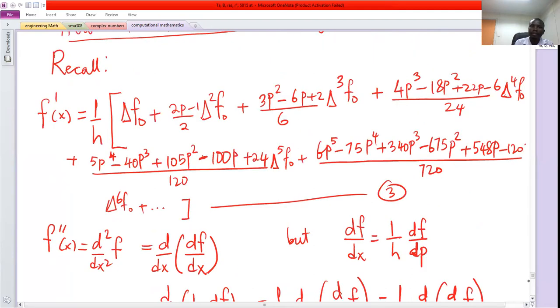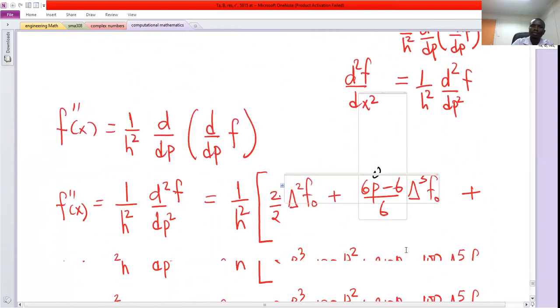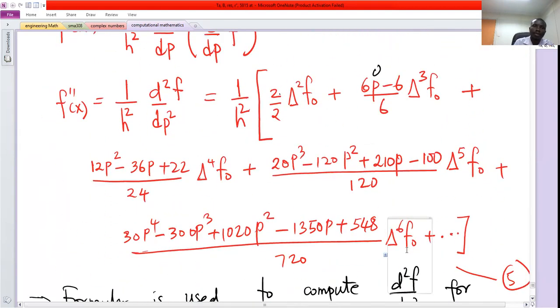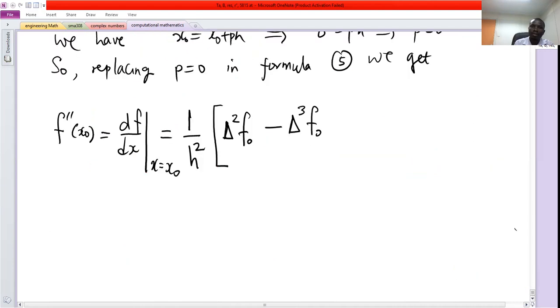And then you put 0 here, put 0 here. We'll have 22 over 24, which is just 11 over 12. So plus 11 over 12, and then fourth forward of f-naught.